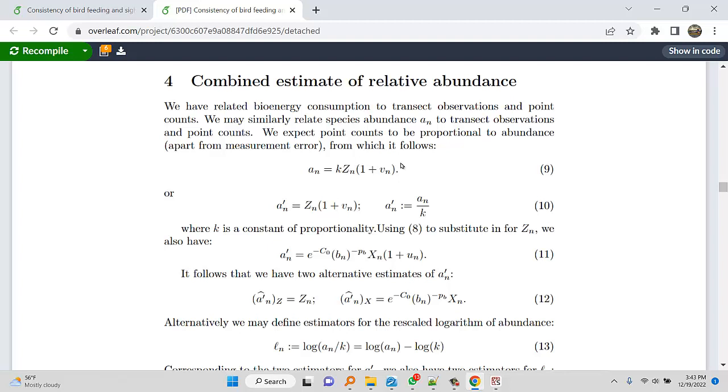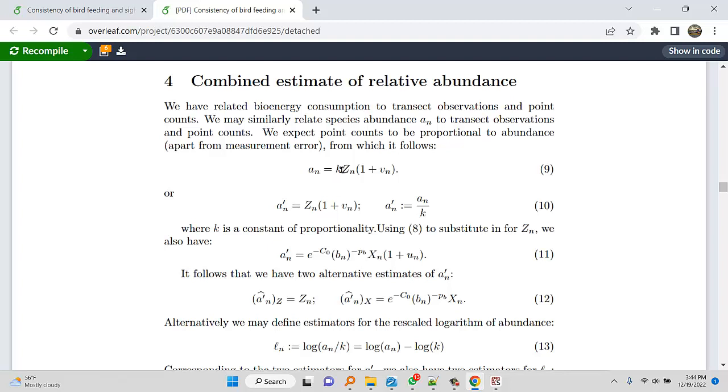Right? So since we're only interested in relative abundance, the K is not important. Because if I take two different species, suppose I take A1 and A2, and take the ratio of A1 and A2, then I have a k in the numerator and the denominator, and those cancel out. So I'm really not interested in the value of k.